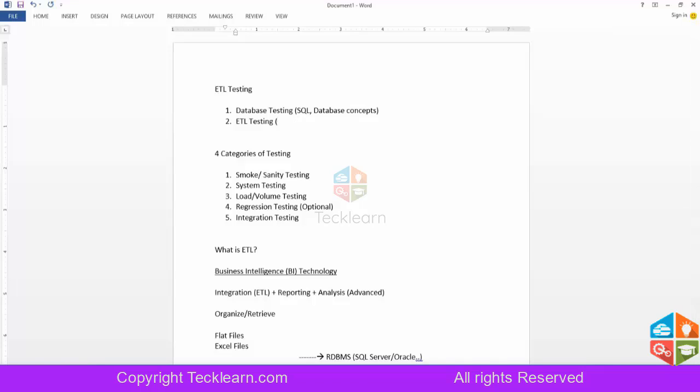For ETL testing, we need to understand some ETL tools. As part of this training, I will be using SSIS, which is the Microsoft Business Intelligence SQL Server Integration Services tool. SQL Server is an RDBMS, and it comes with SSIS, which is part of MSBI.